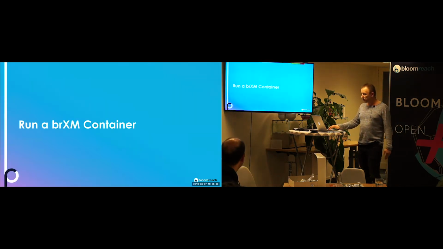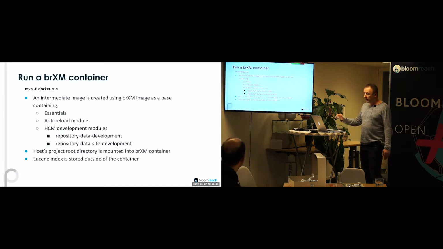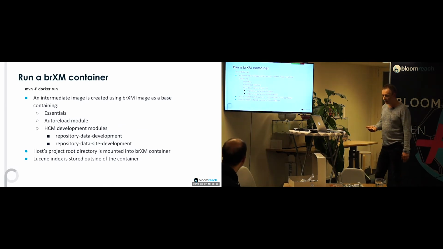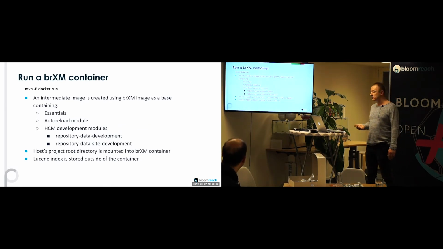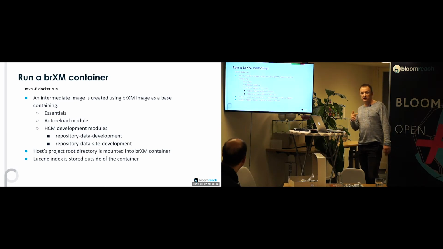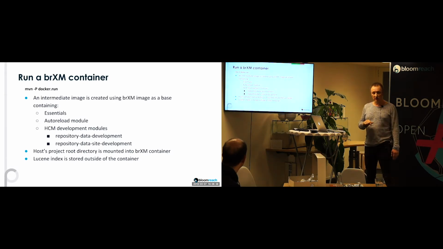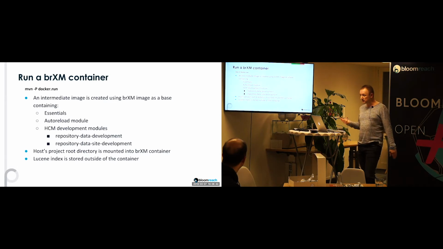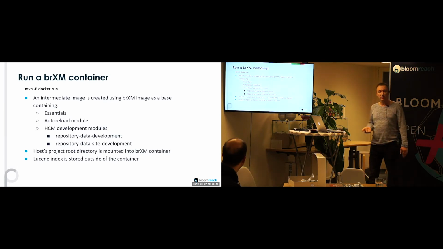Yeah, the next step would be to run a BRXM container. There is a corresponding Docker profile for that, and during that profile execution, we create an intermediate image based on our previously created BRXM image, which will contain the development libraries, Essentials, and HCM development modules.